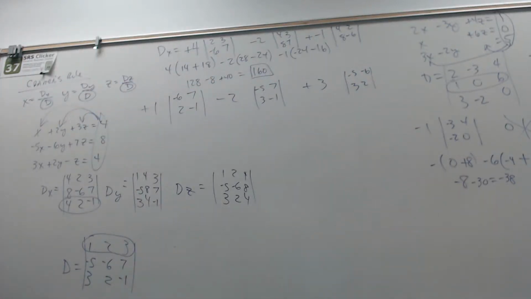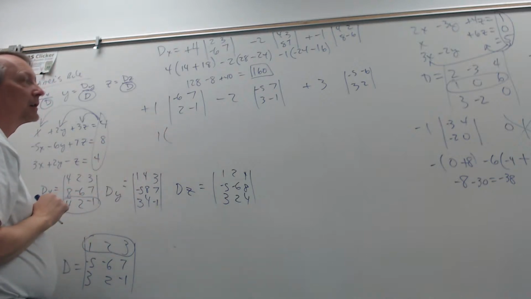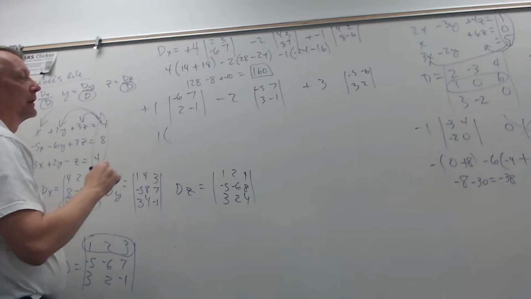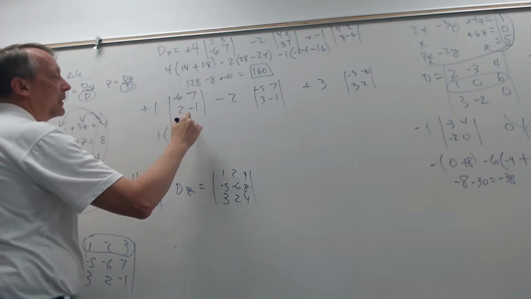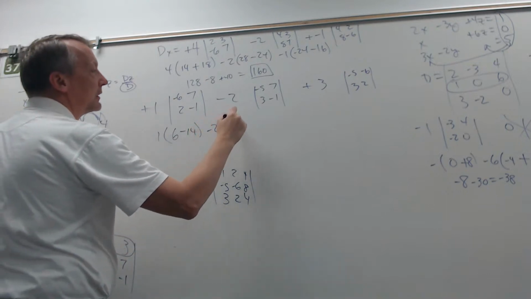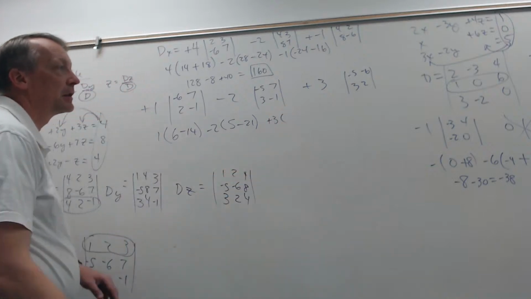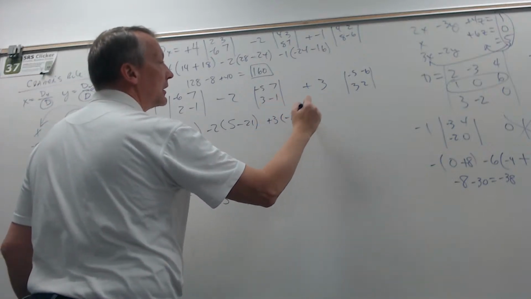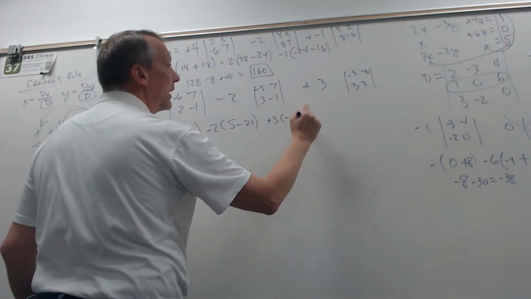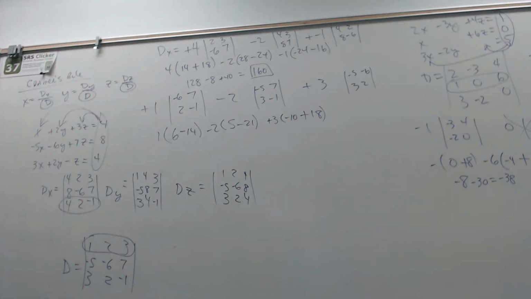Okay? All right, then what? Determinant: 1 times 6 minus 14, minus 2 times 5 minus 21, plus 3 times -10 plus 18. Wait, is it 5?